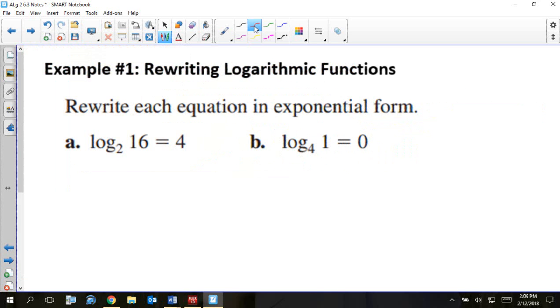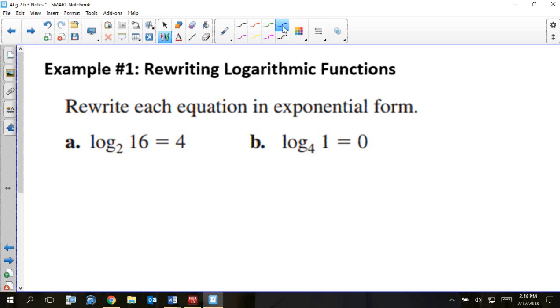So now we're going to take these logarithmic equations and change them into exponential form. They're going to be completely equivalent to each other, just a different form. First of all, let's read it. It's going to say log base 2 of 16 equals 4.